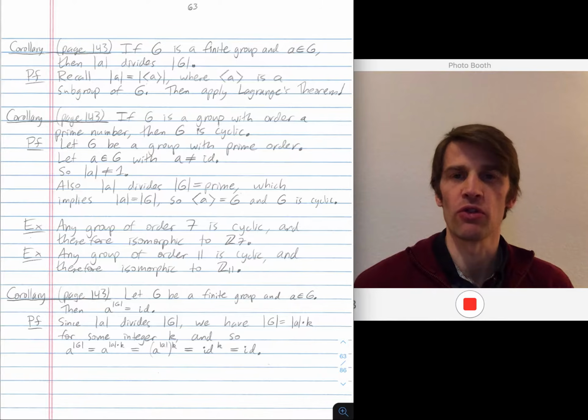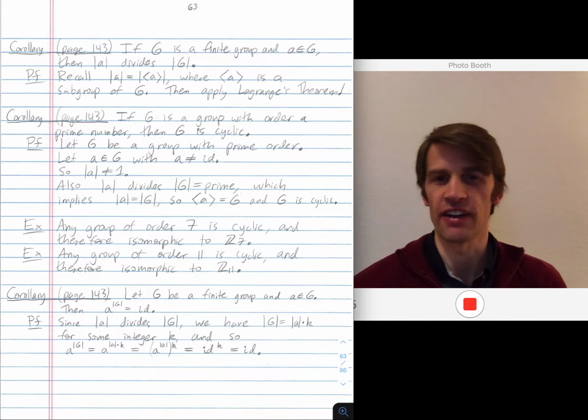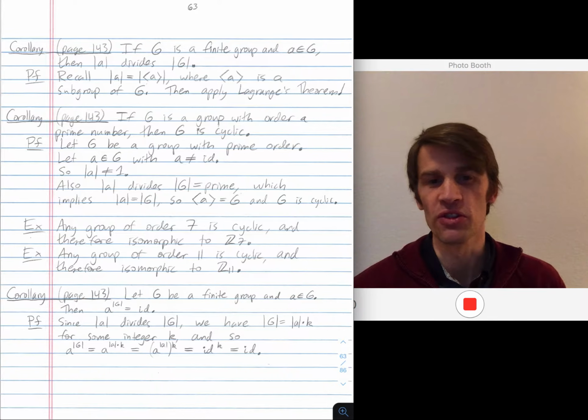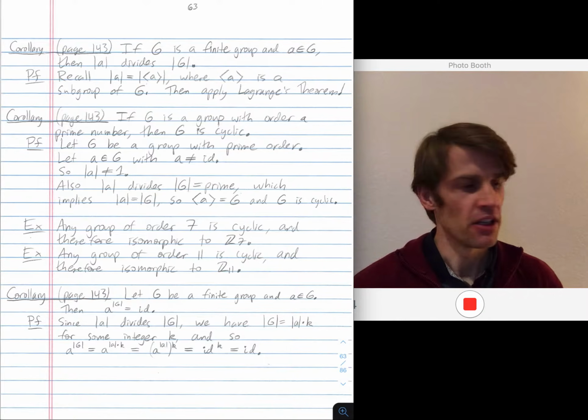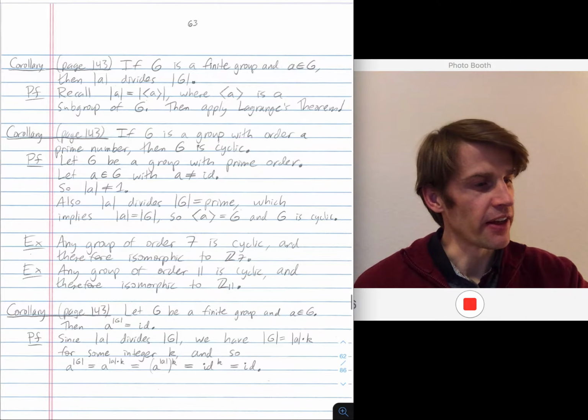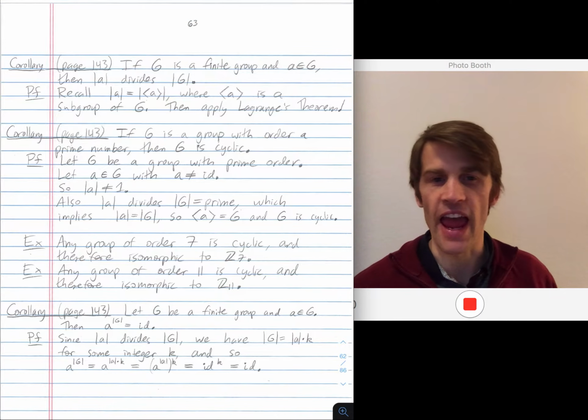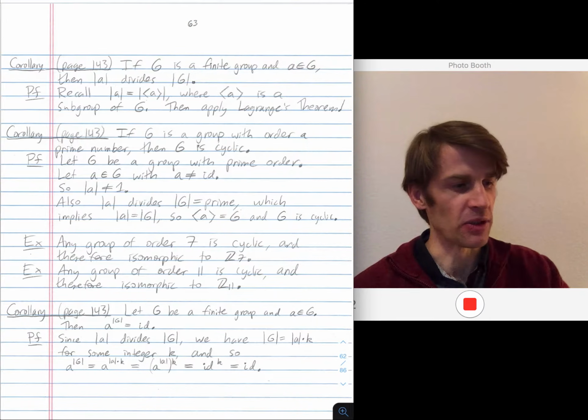Okay, so the first corollary is that if G is a finite group and A is any element in the group, then the order of A divides the size of the group G. Remember, the order of A is the smallest integer n such that A raised to that power is equal to the identity.